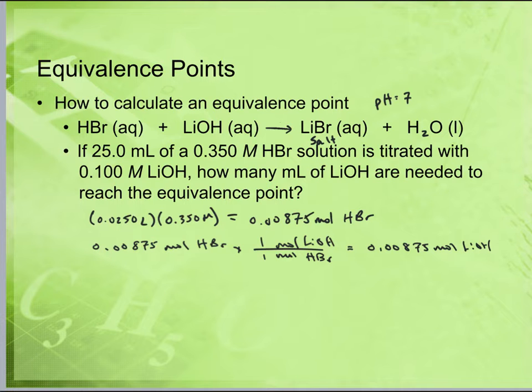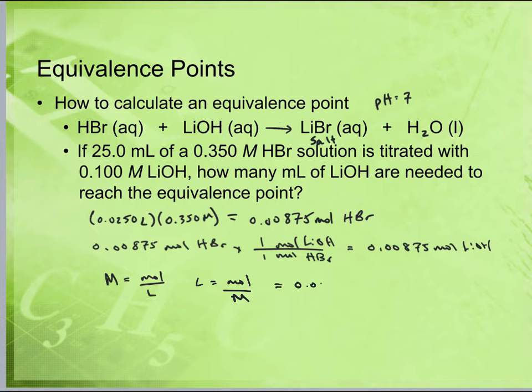And then it gives us the concentration here. It wants to know the volume. And if you remember, molarity is moles over liters or moles over volume. And we're given molarity, and we just found the number of moles of base. So solving for L, like the liters would be moles divided by molarity, rearranging my variables.